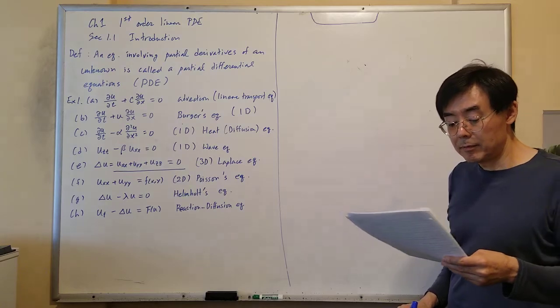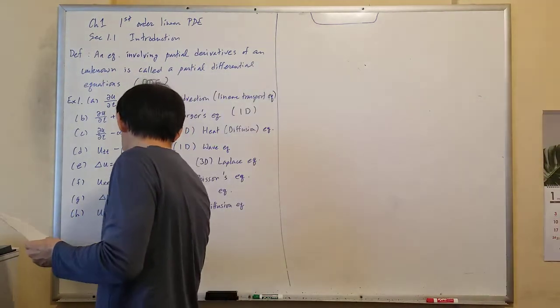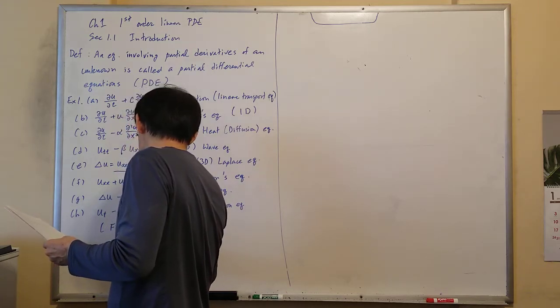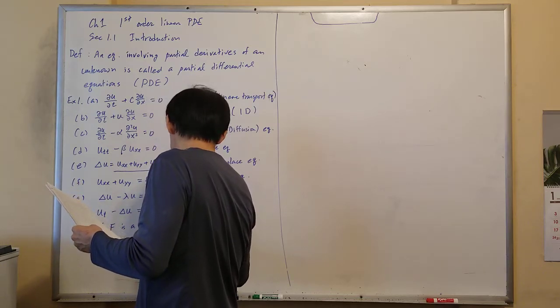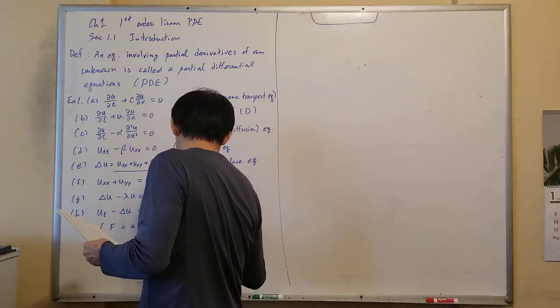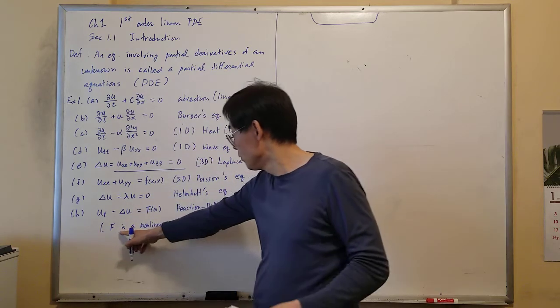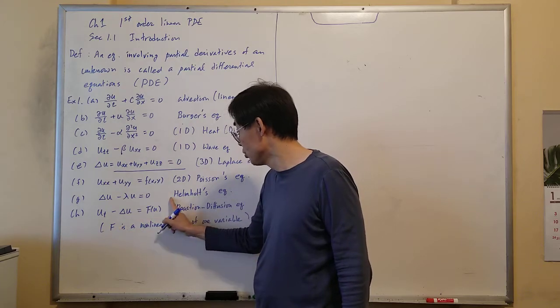Here capital F is some nonlinear function of one variable, like f of z equals z squared. So f of u means u squared.